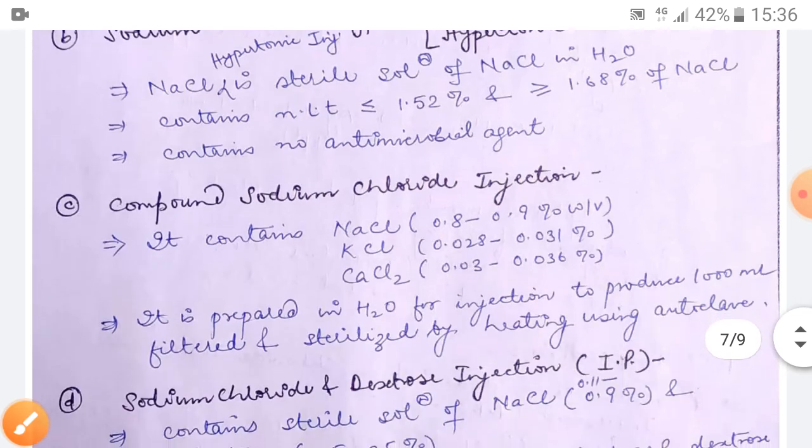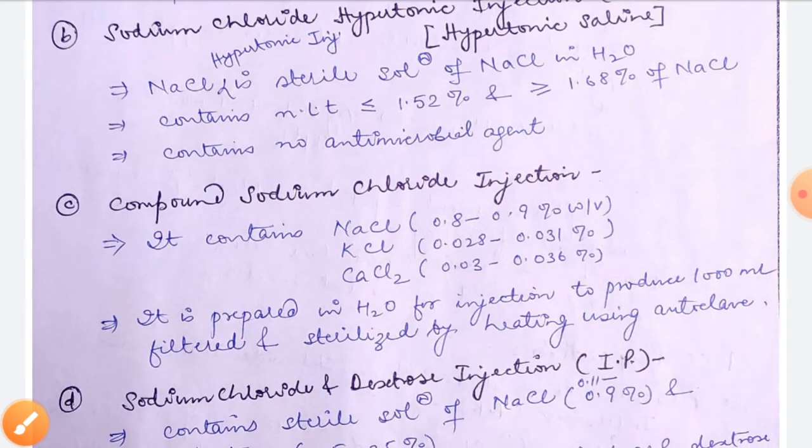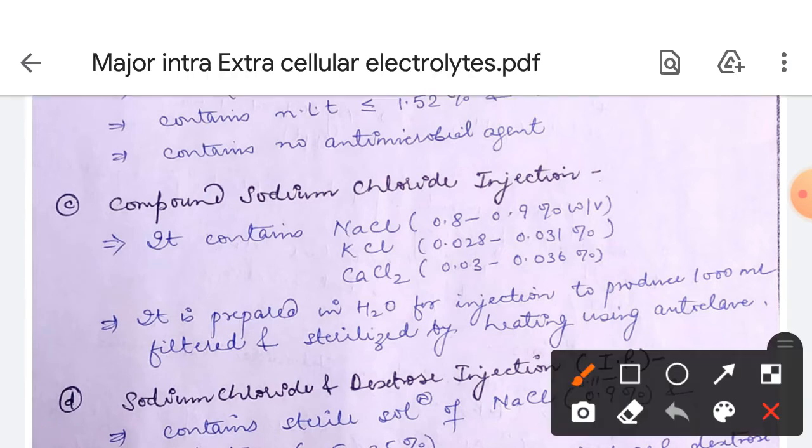The third preparation is the compound sodium chloride injection. It contains sodium chloride, potassium chloride and calcium chloride. Here you can see the sodium chloride, potassium chloride and the calcium chloride. The sodium chloride is about 0.8 to 0.9% weight by volume.